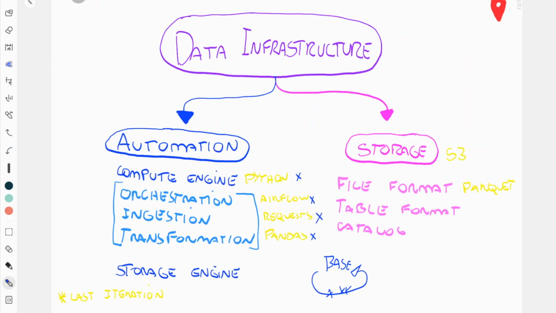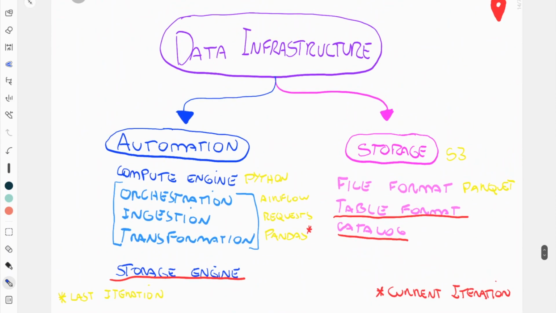For storage, we used S3 and Parquet, only a file format inside storage. And for this iteration, we're going to look into table format, catalog, and storage engine. As you can see, they are the last parts that we haven't looked into.